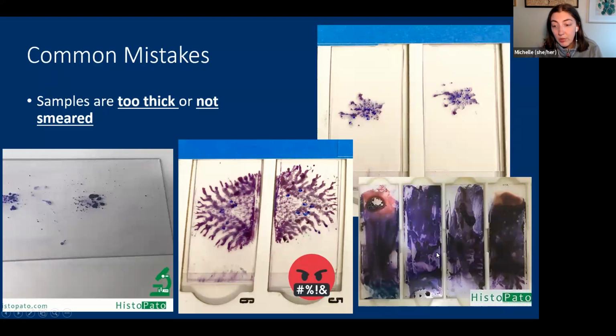Especially if they're very bloody, if I had a sample like this, I would maybe try to get less initial sample on. Sometimes if I smear it and it still looks too thick, then I'll smear it again. If you have something very bloody or very fluidy, you can additionally prepare it like a blood smear.